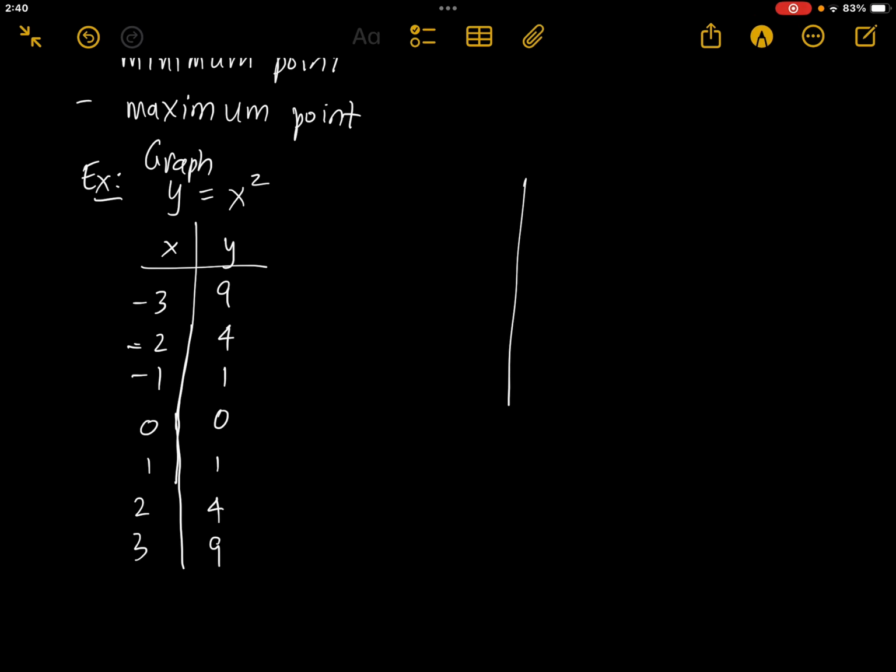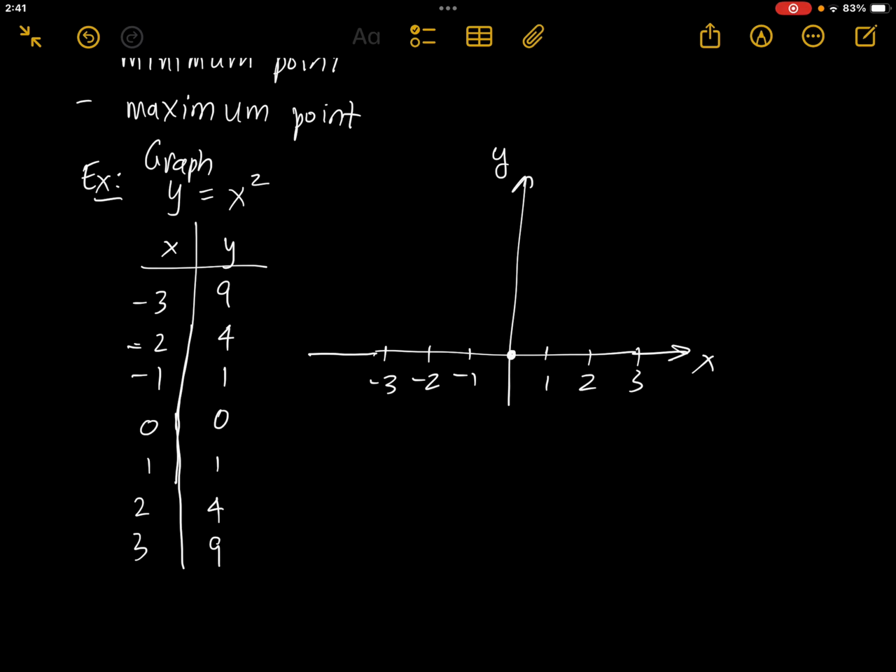And if you plot them, here's the x-axis, here's the y-axis, you get 0, 0. You have -3, 9, so -1, -2, -3, 1, 2, 3. It doesn't have to be perfect.